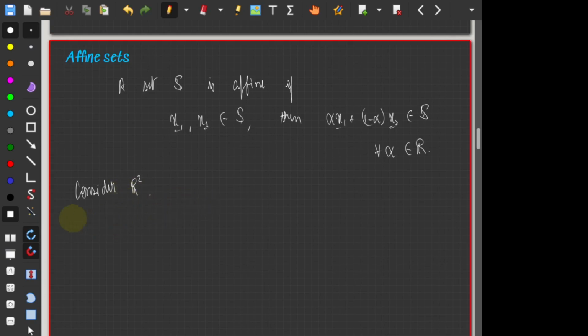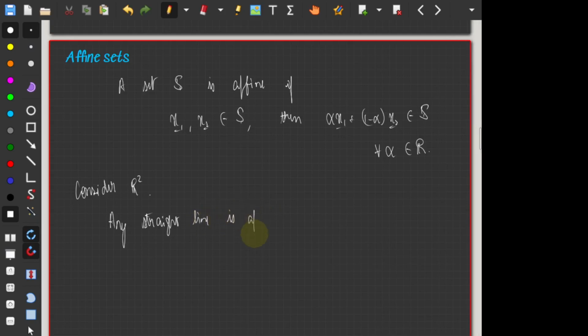Any straight line is affine. Okay, great. What about other sets? What about a point, which is a singleton? It's affine, right?